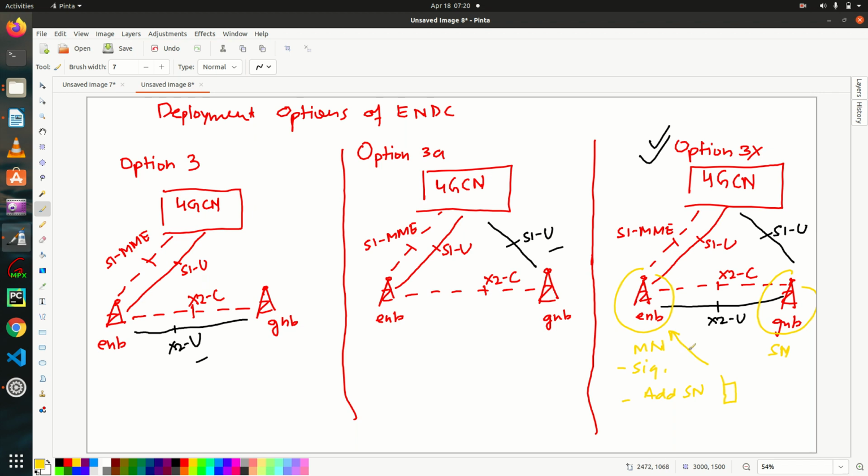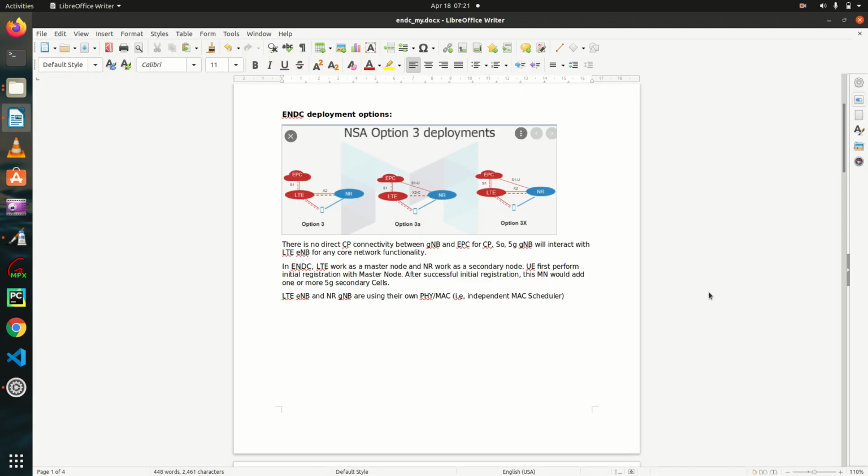After that, if the UE moves into 5G coverage, the master node will take the decision to add the secondary node, and it could add multiple secondary nodes. The proper call flow we will see in upcoming lectures.